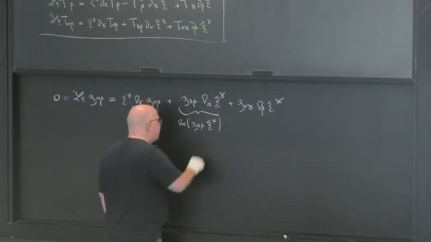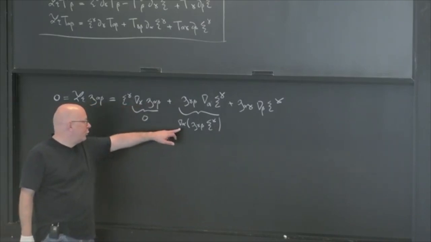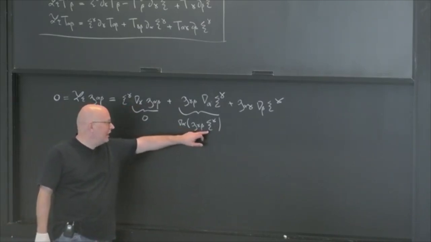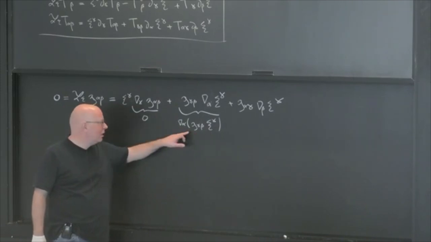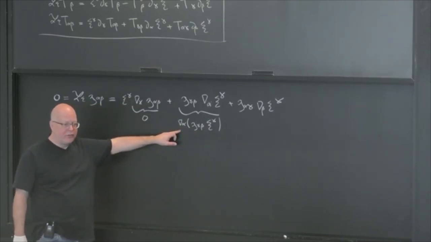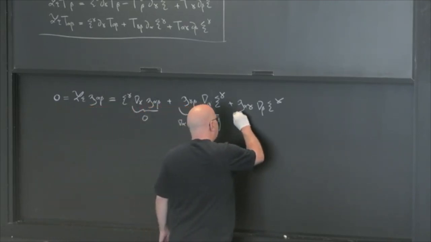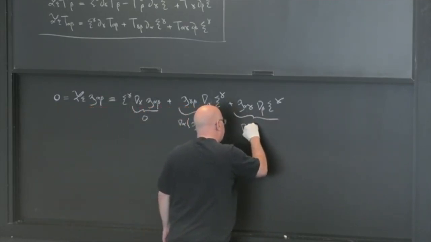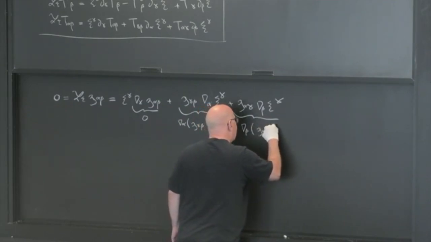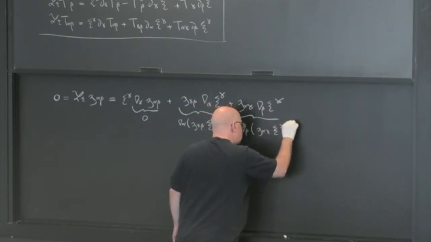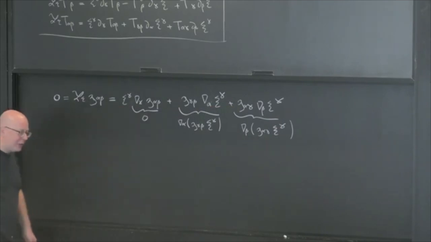What this means is that I choose to lower the index on the ξ vector before I take the covariant derivative. And I'll write it like that in just a second. And here I'll do exactly the same. I'll throw the metric inside the derivative because the covariant derivative of the metric is always 0.